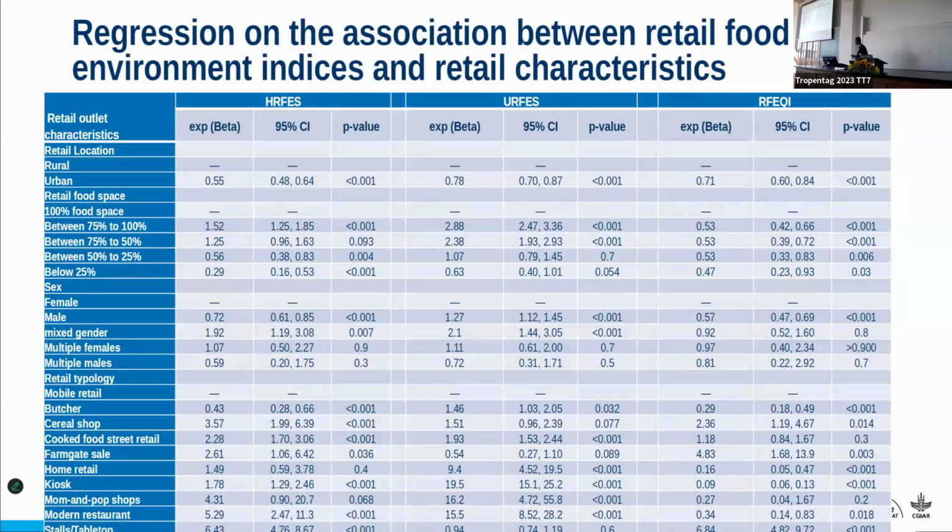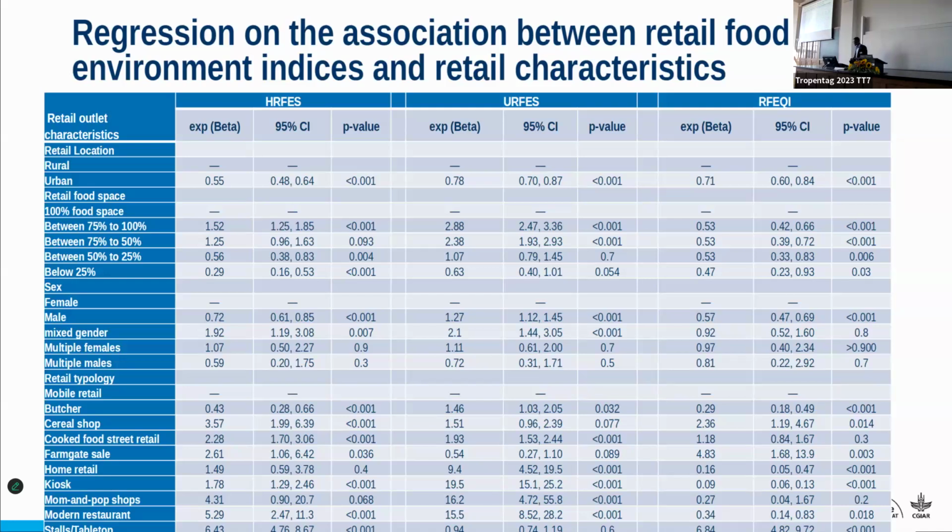However, it also favors availability of unhealthy food groups. So it is favoring both compared to the urban. But if you look at the urban, the coefficient for healthy is 0.5 and for unhealthy is 0.7. So it means the urban more likely favors unhealthy food groups compared to healthy food groups.